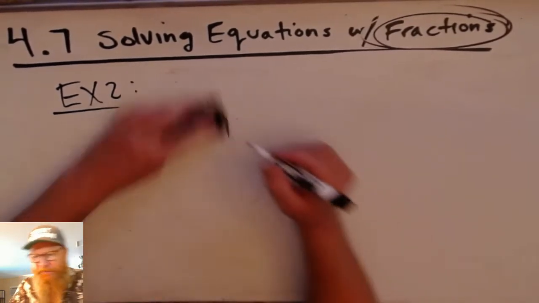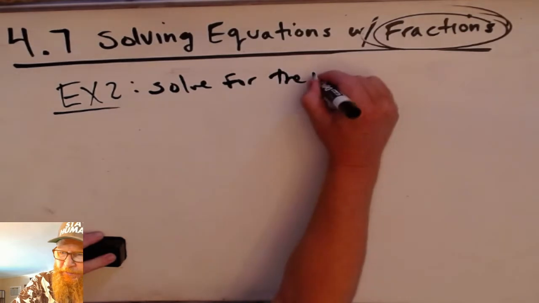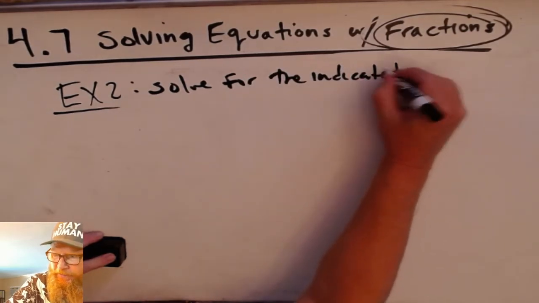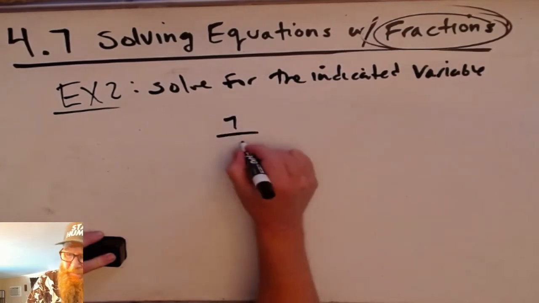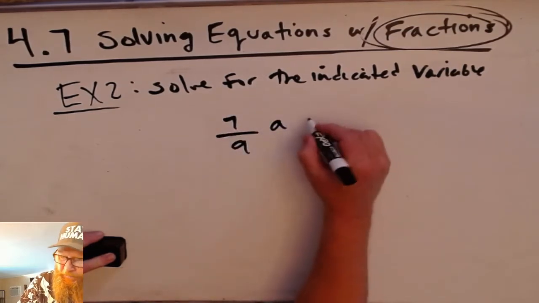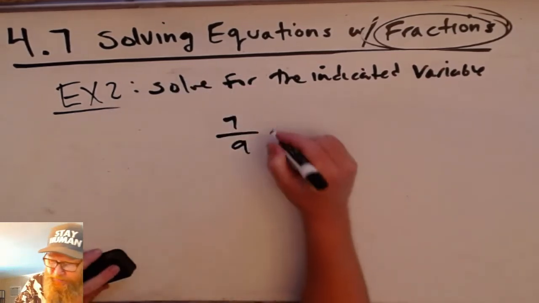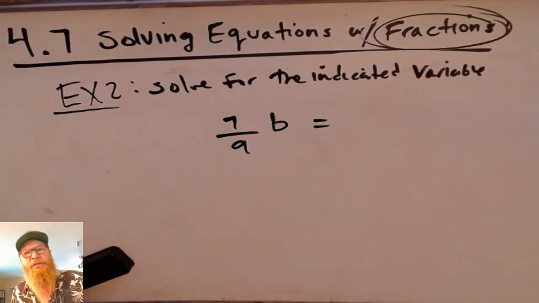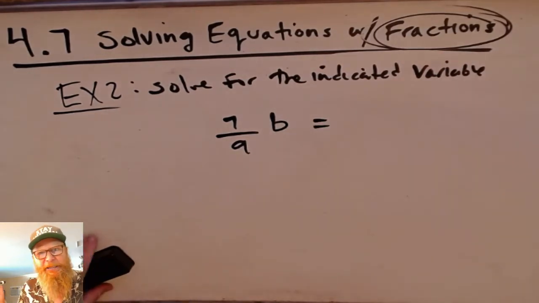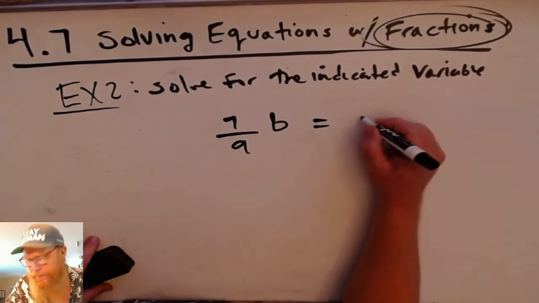Solve for the indicated variable. Or I could just say solve. Let me use a B instead of an A. So 7/9 B equals, what should it equal?